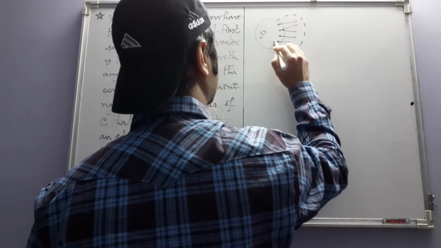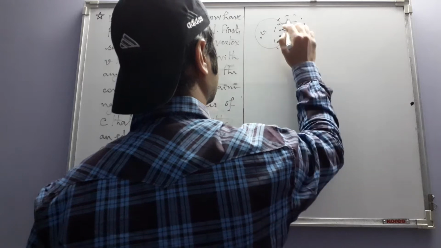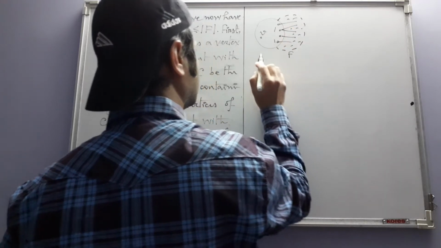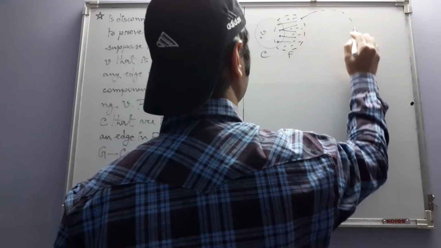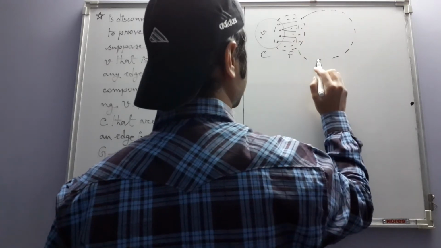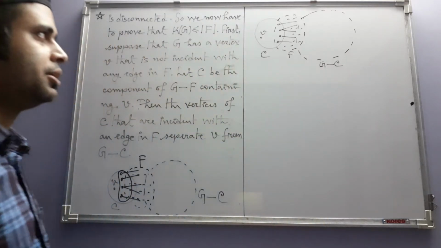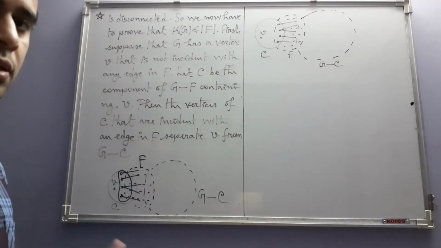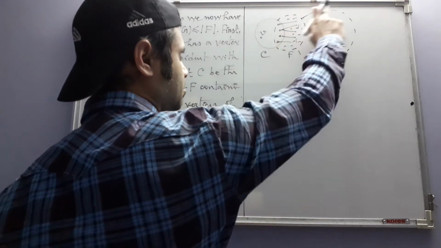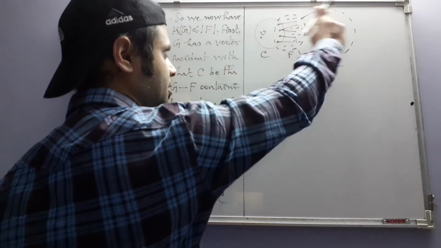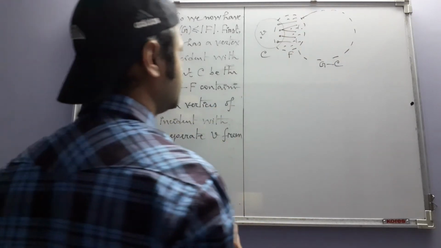This is our F. This is C, and this is our G minus C. It should be understood, again I am repeating, that F is a part of G minus C. Although we are showing this to be G minus C, F is a part of G minus C, that is understood.